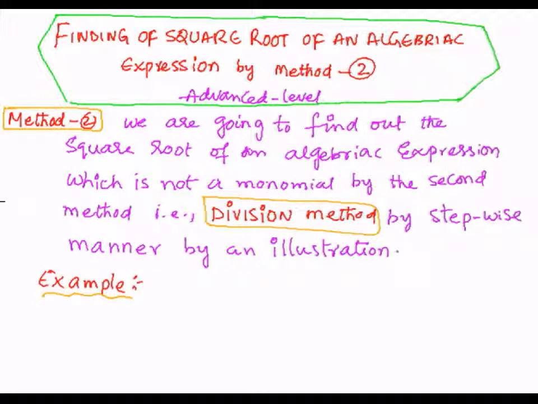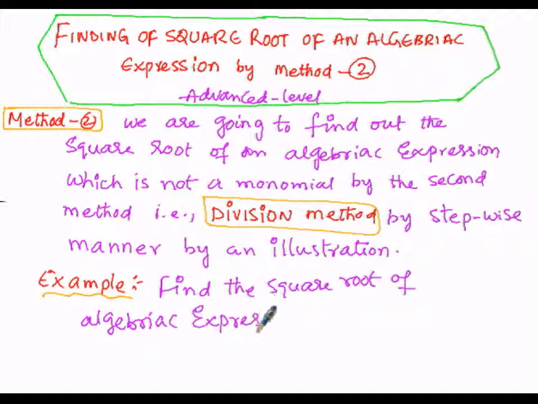So we have to find out the square root of the algebraic expression which is nothing but 9x square minus 24x plus 19 minus 4 by x plus 1 divided by 4x square.